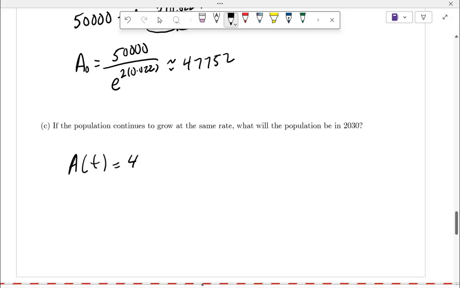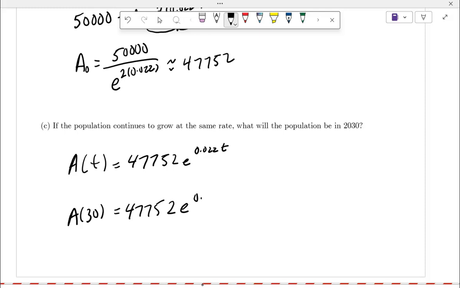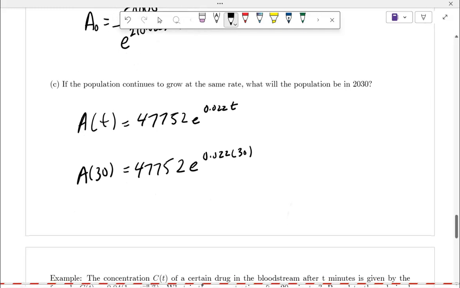We just found that our function was 47,752 e to the 0.022t, right? We want to put 30 in for t, and solve.